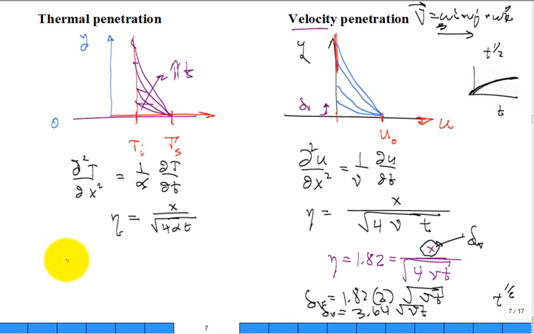Well, guess what we have over here? We have the thermal penetration into a semi-infinite material equal to 3.64 square root of alpha t. A lot of times things don't have to be semi-infinite to do a good job of analyzing what happens in the way of temperature change and heat transfer, approximating it to be semi-infinite. We can treat our fingers as semi-infinite materials when they're brought into contact with something hot or cold.